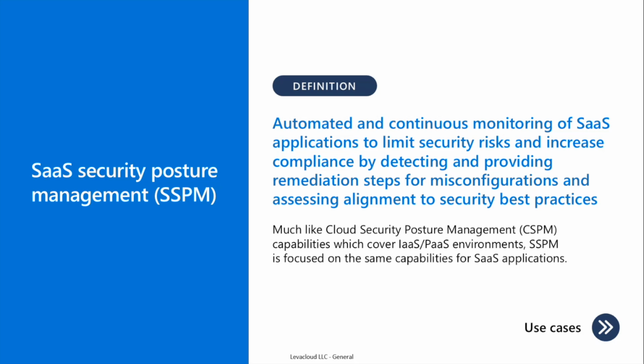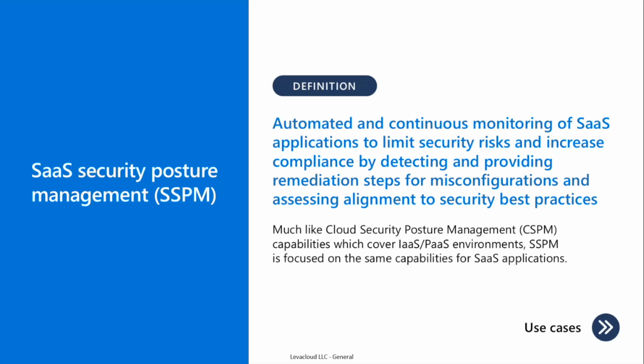So this is quite similar to CSPM, or Cloud Security Posture Management, which is basically something that gives you security recommendations for your IaaS and PaaS workloads like virtual machines and storage accounts and that kind of thing that you might spin up inside of Azure or AWS. It's that, except for your SaaS applications.